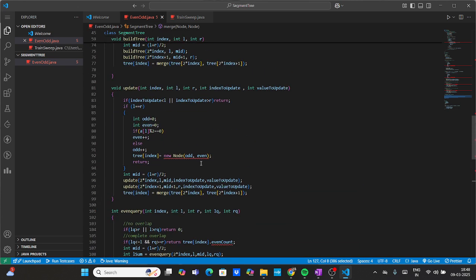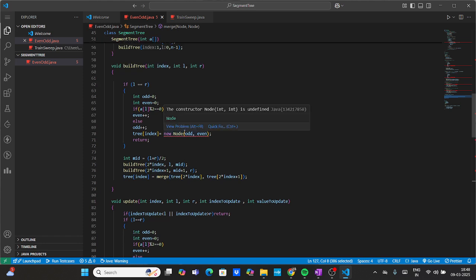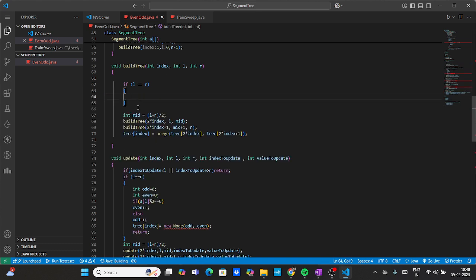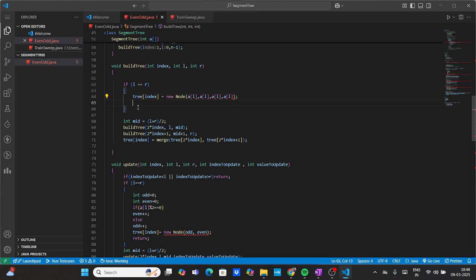Okay, chalo. Let's go to build tree. So what do we do in build tree? It's very easy, right? Tree of index is nothing but, since we know for the base cases all the values will be same, it will be nothing but A of L. And I am not touching anything because we know that it will give us the correct merge.